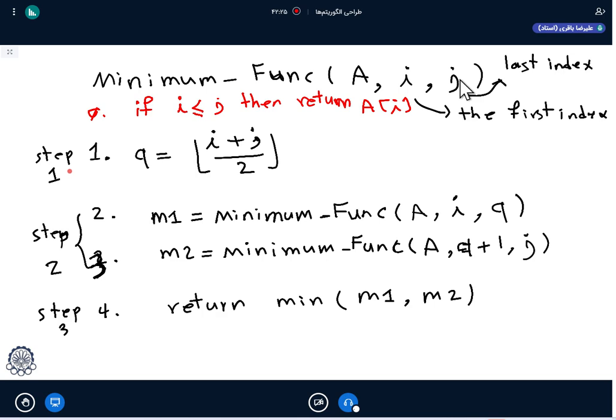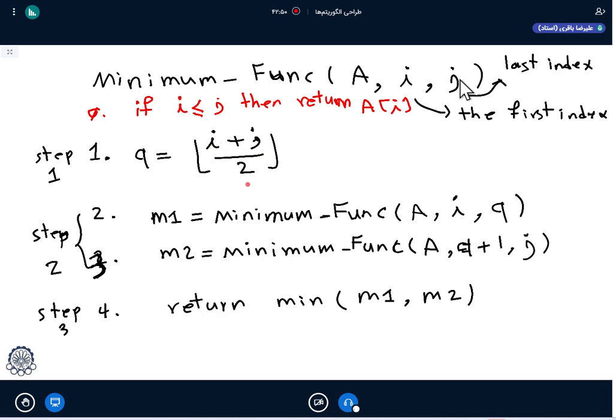The first step of our algorithm is dividing the array into two parts. So we compute the middle index. The middle index can be obtained by adding the first index and the last index, I plus j, then dividing it by 2.